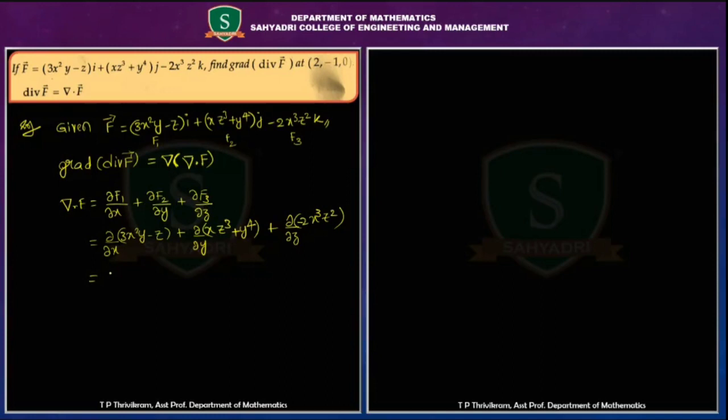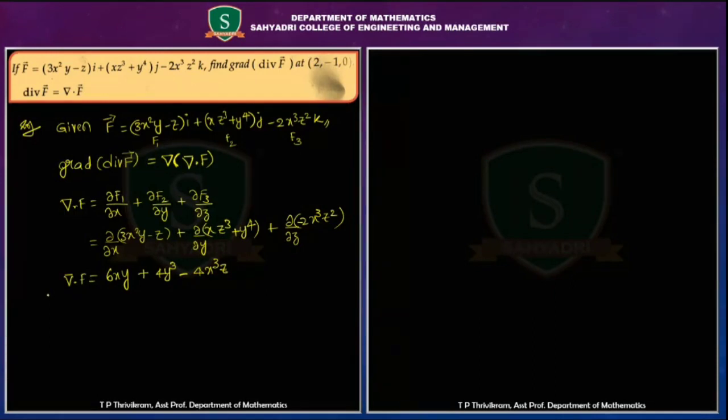3xy plus 3xy, sorry, 6xy, yes, 6xy, plus 4y cube, sorry, 4y cube, minus 4x cube z. Okay, correct. So this is del dot f.